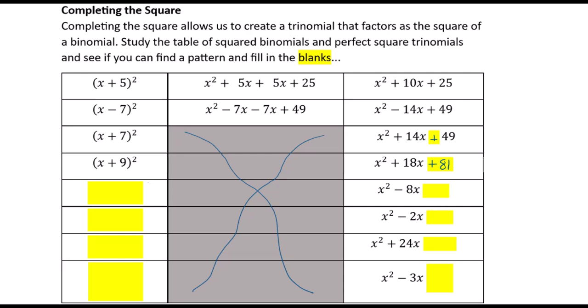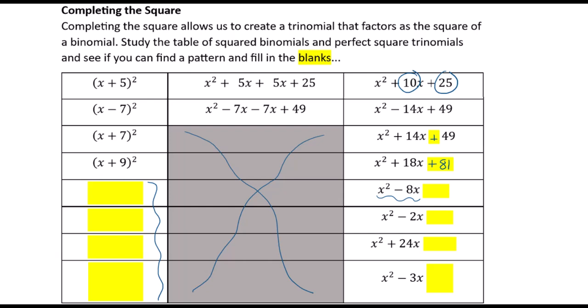Now you can see the left side is all blank. This is the only information I have to go on. So now we need to look to see what the relationship is between this number and this number.